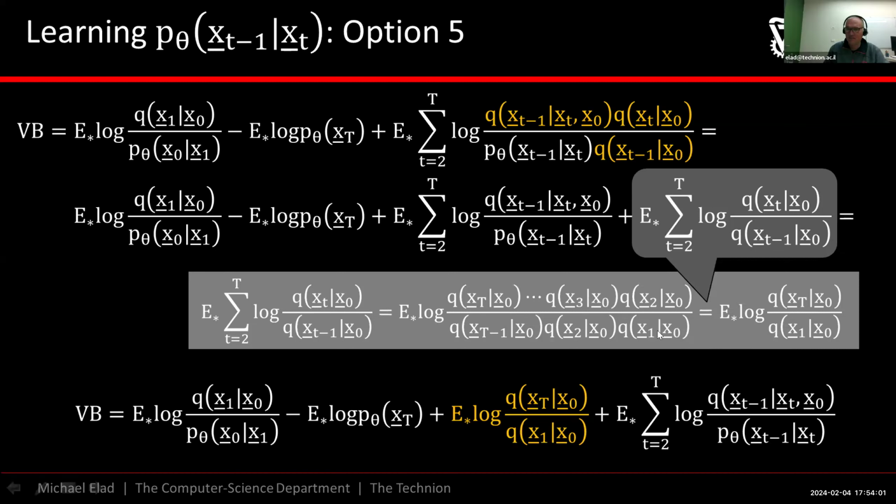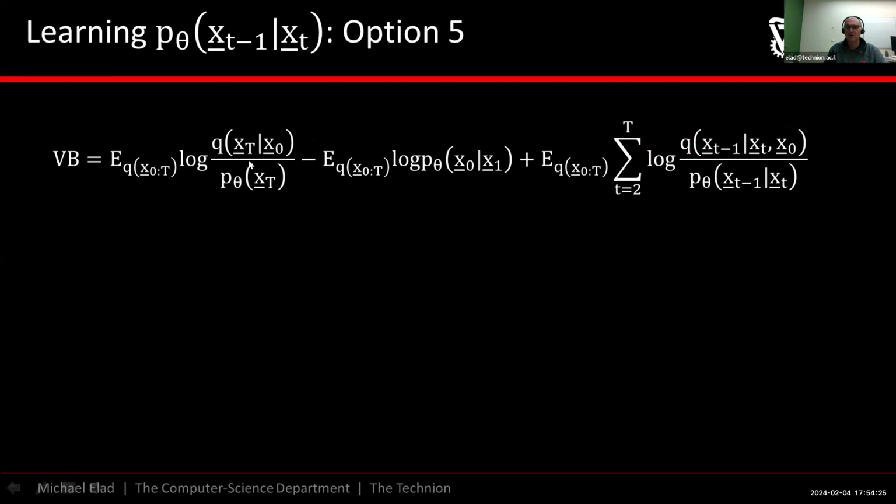Sorry, yes, it's x1. Now notice that the denominator here, x1 given x0, is exactly the denominator here, so I can cancel them because one is the minus of the other. Okay, and so now let's take this expression and squeeze it into the yellow by putting p theta of xT in the denominator, and this brings me to this expression.